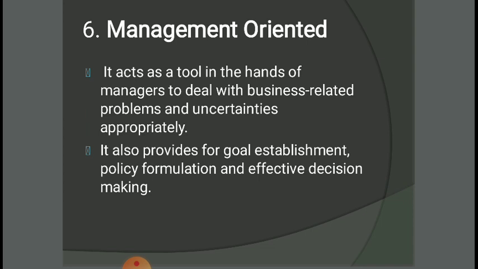Secondly, it is written that it also provides for goal establishment, policy formulation, and effective decision making. Is managerial economics normative in this aspect? We decided that ME helps in deciding what should be the goal of the organization. So that is what is written here, goal establishment. Secondly, policy formulation.